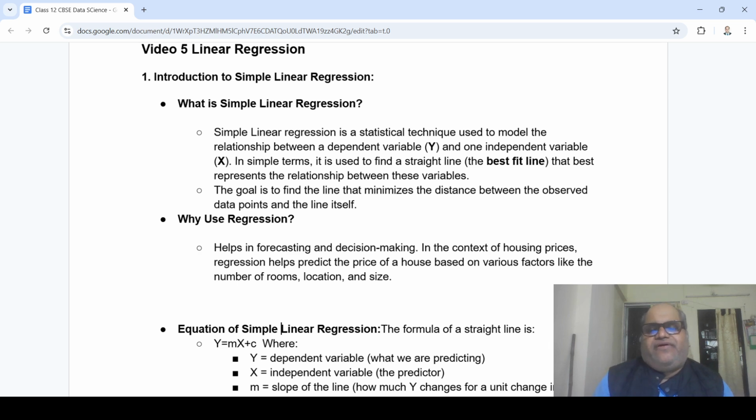If you take size of the house and price of the house, in many cases it will not be a perfect linear relationship, the way you typically see in your y is equal to mx plus c in your geometry class or wherever. Here, some of the housing prices will have a linear relationship, some of them will have some kind of offset, and so we have to find a line that minimizes the distance of all the data points that are not fitting on that line. We'll see some more detail about it.